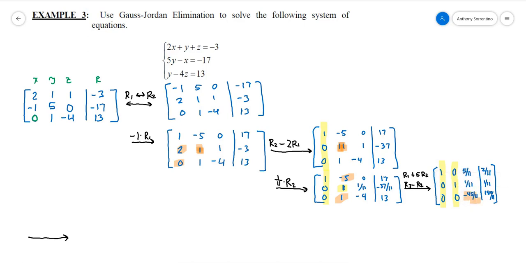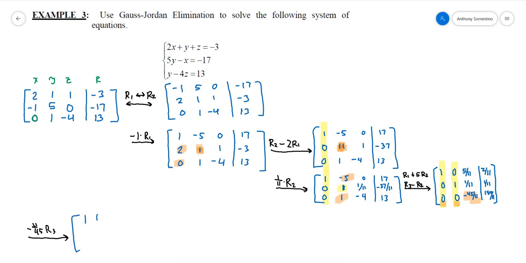So I'll have my diagonal of 1s after this point. So I had to think, well, what would I do to make that a 1? That's not going to change anything else I have in row 3. I don't want these zeros to change in any way either. So the best thing I can do for this is just simply multiply by the reciprocal. I'm going to multiply row 3 by negative 11 over 45.